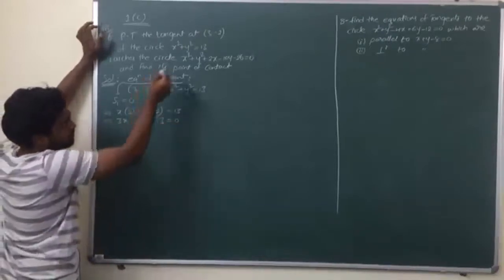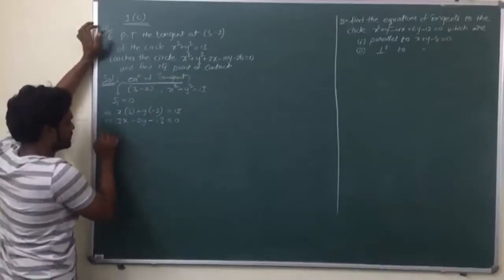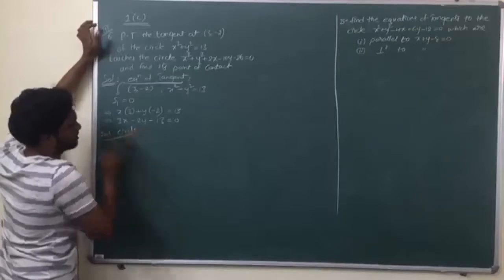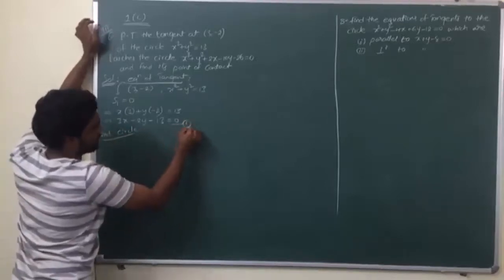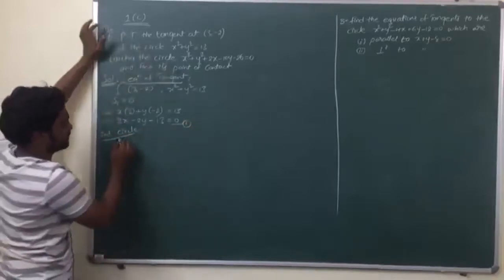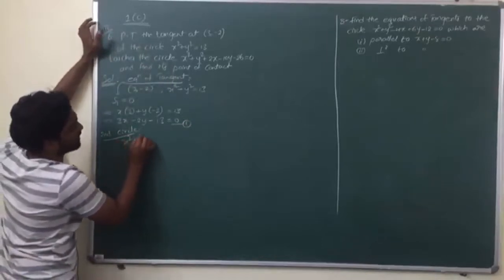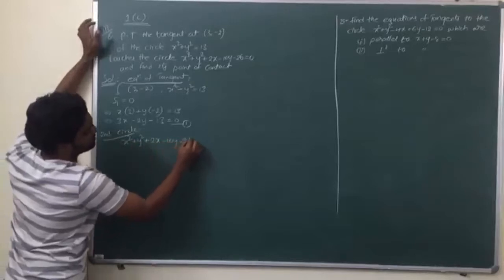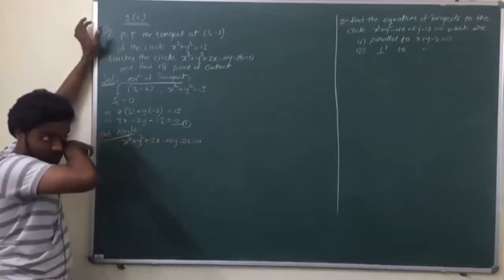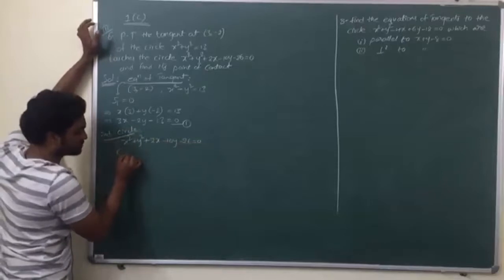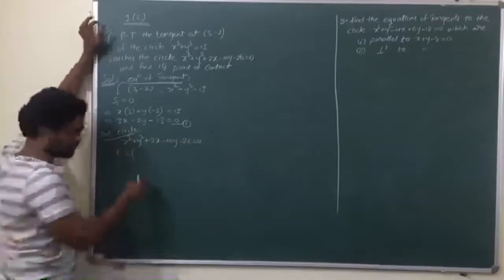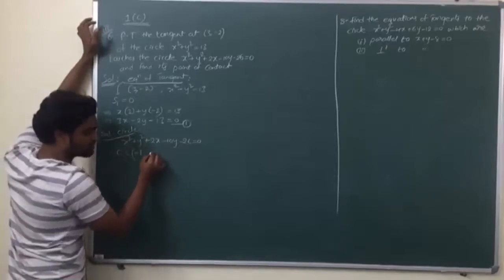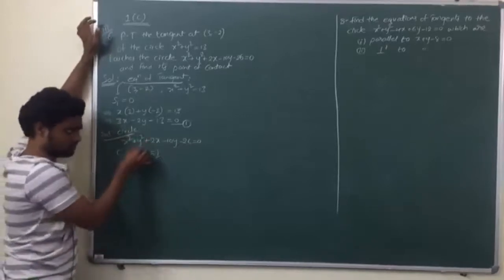Now, second circle. Let it be equation 1. Second circle: x square plus y square plus 2x minus 10y minus 26 is equal to 0. So what is the center? Minus 1 comma plus 5. Reverse sign, right?